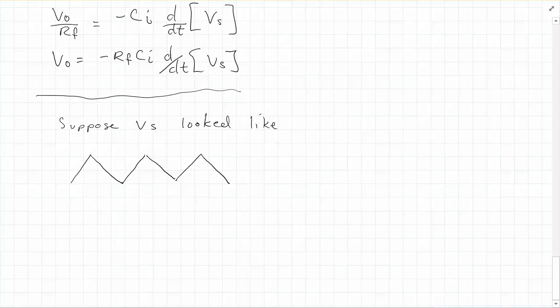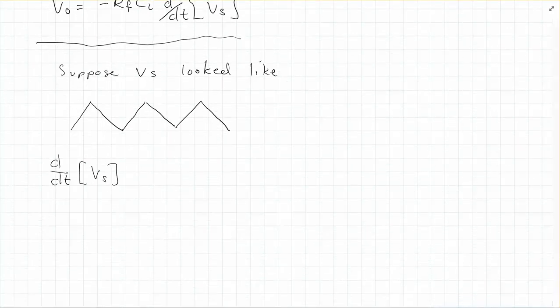Suppose it looked like this. Then the derivative of Vs, and I know there's a negative and everything else like that, but I'm not really concerned too much about that. The derivative, well, these are just straight lines, so the derivative would give me something that looks like this.